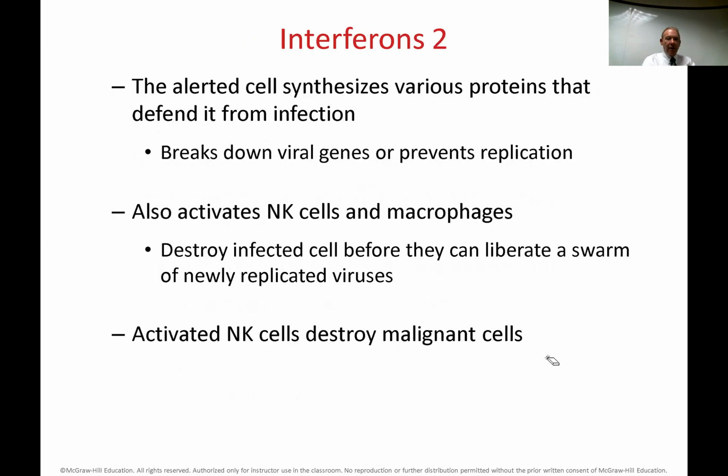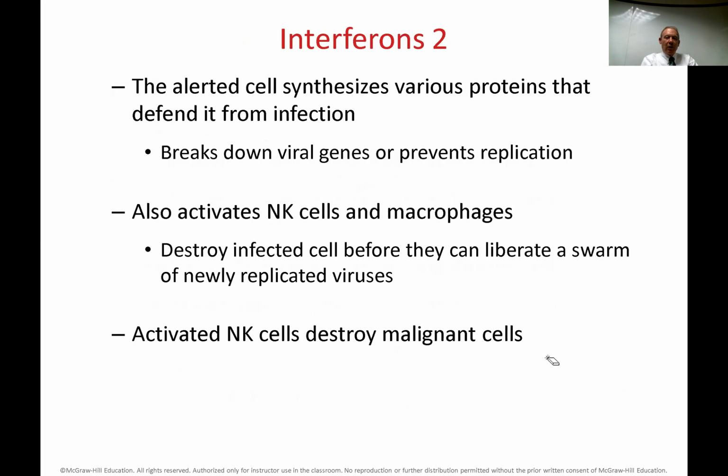Okay. What do interferons do? Well, they alert neighboring cells, hey, there is a pathogenic disease-causing microorganism, in particular viruses, in the neighborhood. It's an alert system. So it helps to break down the genetic material of the virus so it can't reproduce.